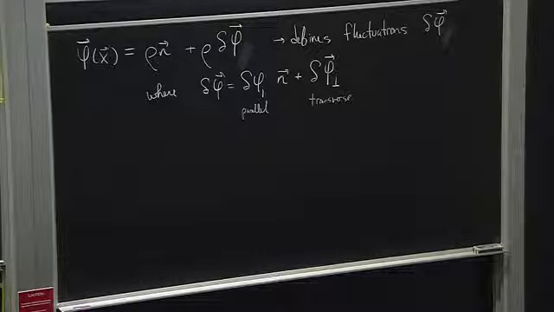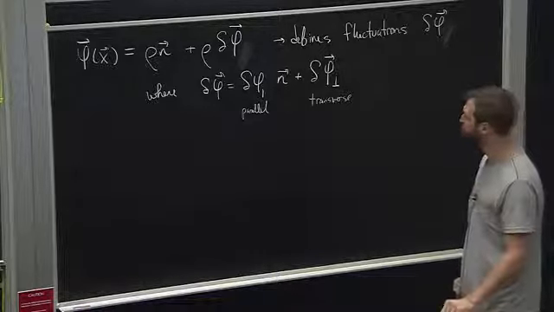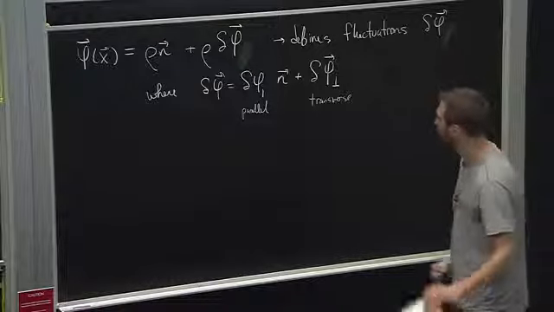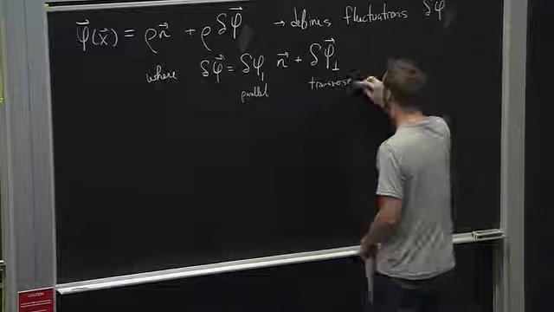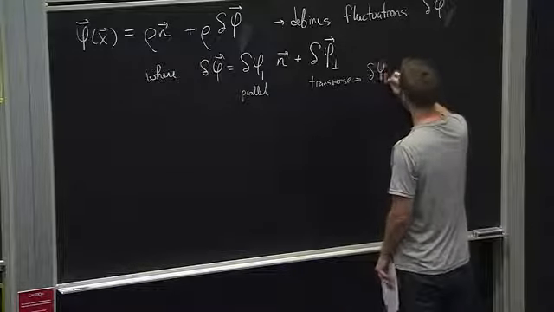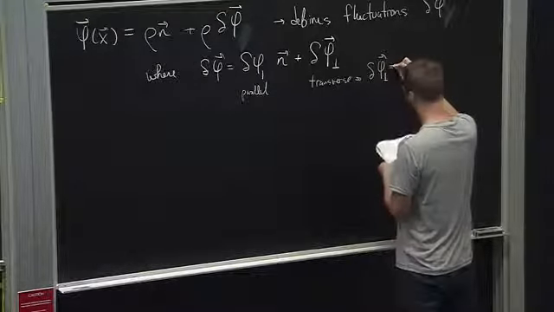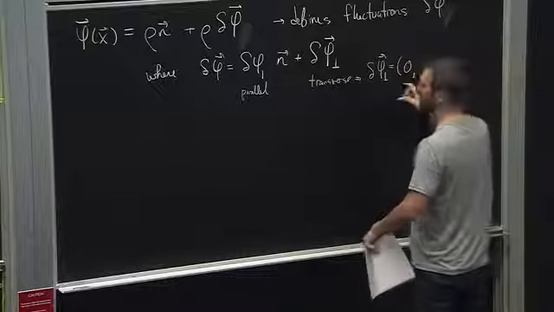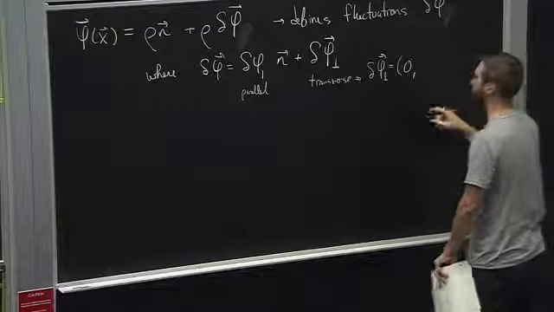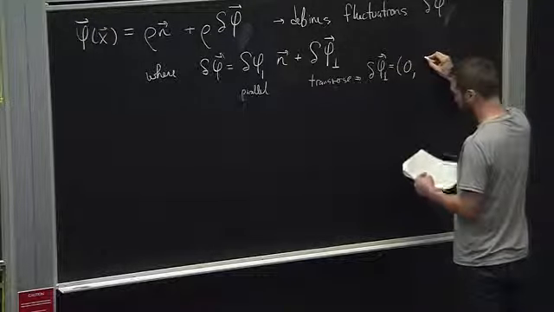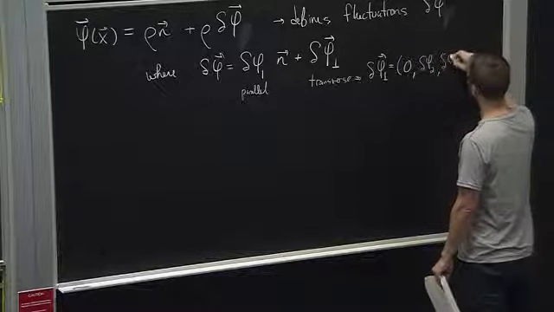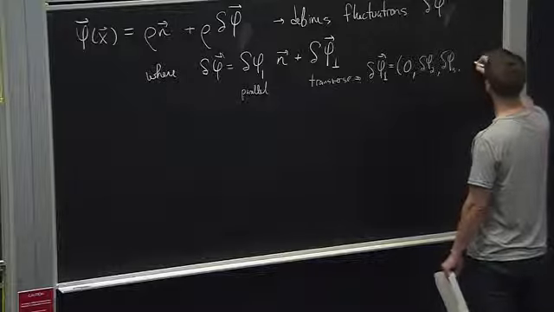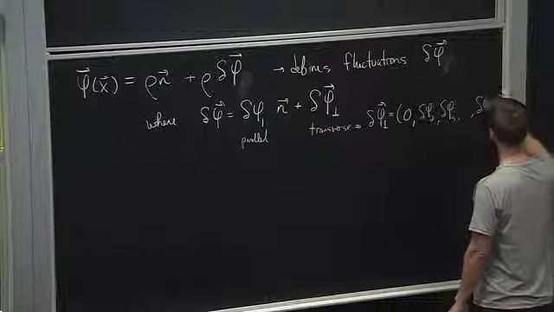So then this thing, since it's transverse, has a 1 component that's here. So it's not in this vector. And then everything else is, say, 2, 3, all the way up to small n.